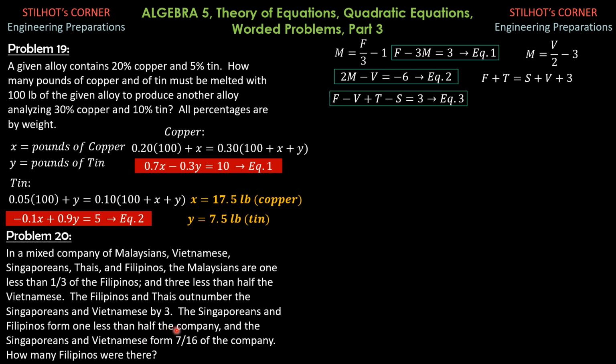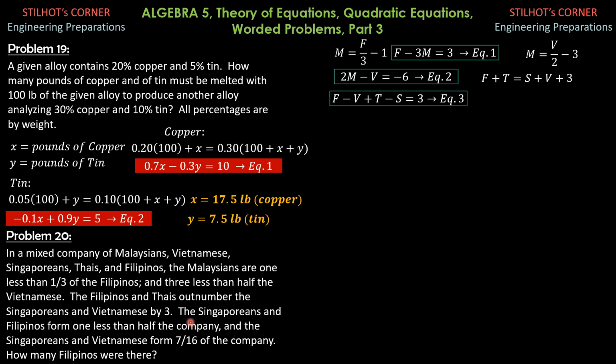Then we have a statement here: the Singaporeans and Vietnamese, S plus V, form 7. The Singaporeans and Filipinos, rather, S plus F, form 1 less than half the company.